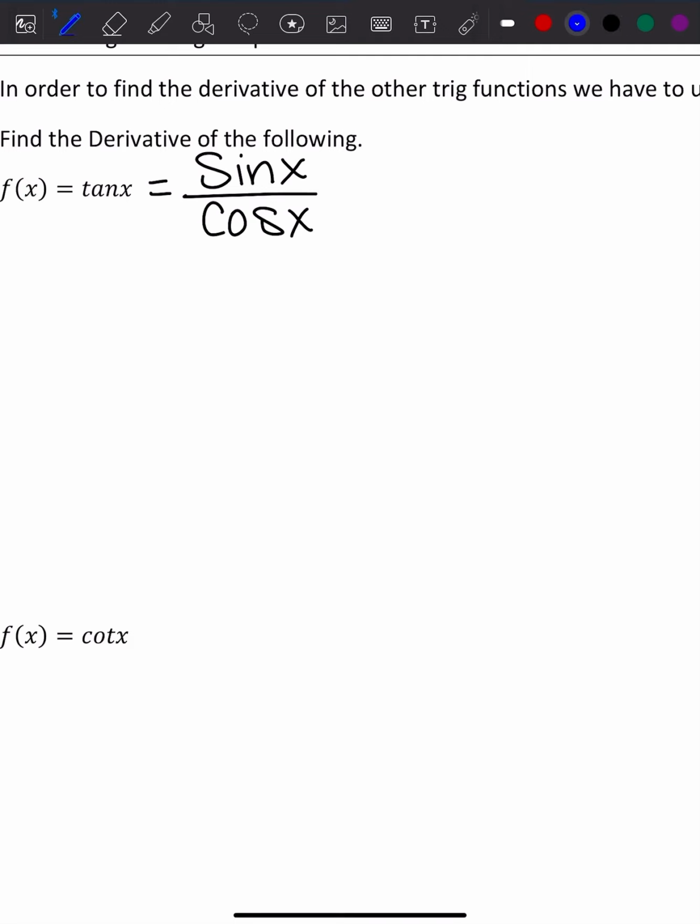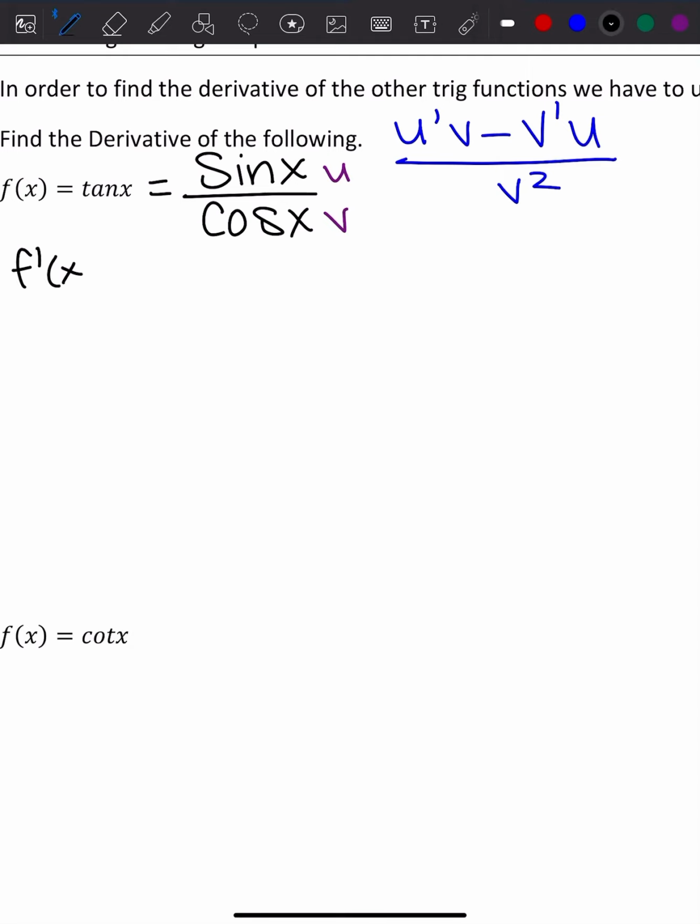Things we want to remember when we do quotient rule: the top is always u, the bottom is always v, and the derivative is u prime times v minus v prime times u, all divided by v squared. In this case, my top function u is sine, my bottom function v is cosine.